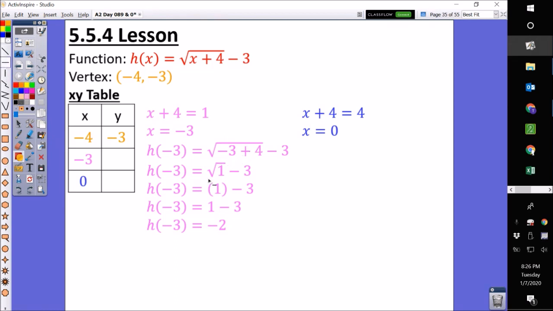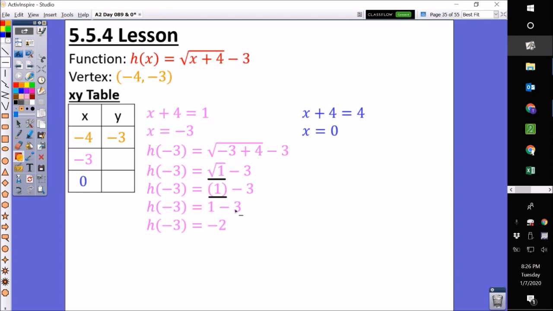The reason I incorporate parentheses is in the event you have a number outside the square root or a negative sign, make sure to distribute so that you get the right number. In this case, since we do not have a negative or number to distribute, I'm just going to drop the parentheses and bring down the 1.